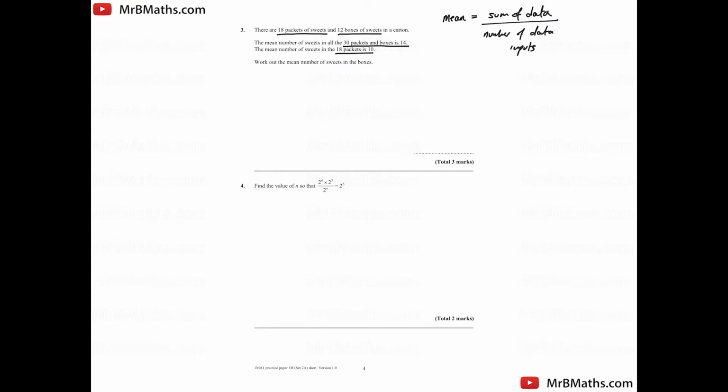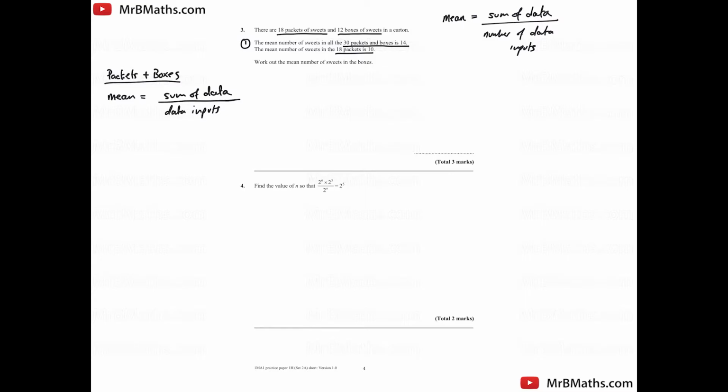Okay, so the first part here says the mean number of sweets in all 30 packets and boxes is 14. So if I write here packets and boxes, we then have mean equals sum of data over the number of data inputs.